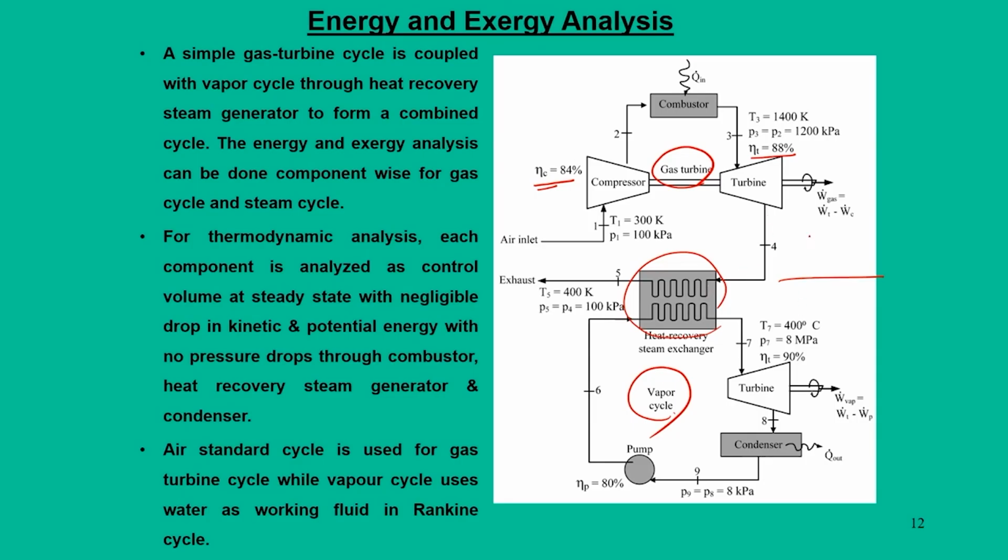As realistic numbers, the peak temperature for the gas turbine is 1400 degree Kelvin, whereas for the steam cycle, T7, the maximum temperature is 400 degree centigrade. So we can see that the exhaust has sufficient energy to power the vapor cycle. For this steam cycle, the turbine also has its own efficiency, 90%, and there is a pump efficiency.